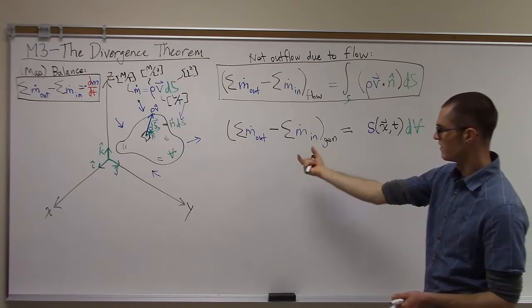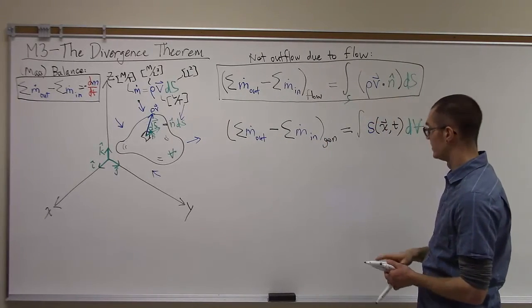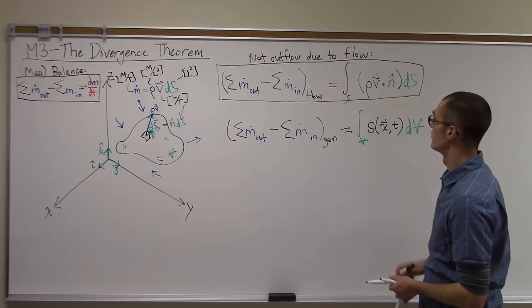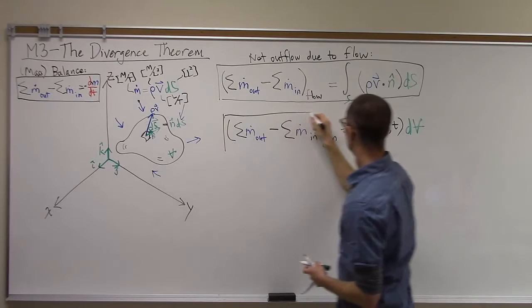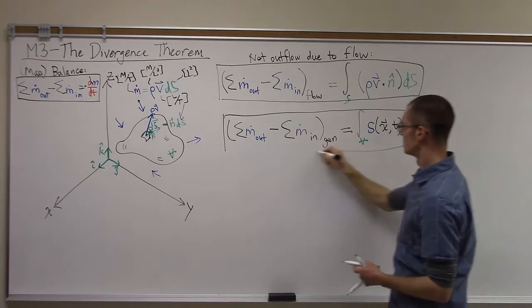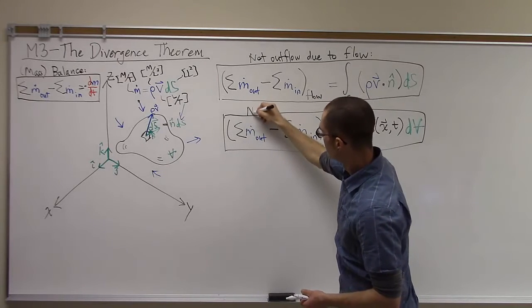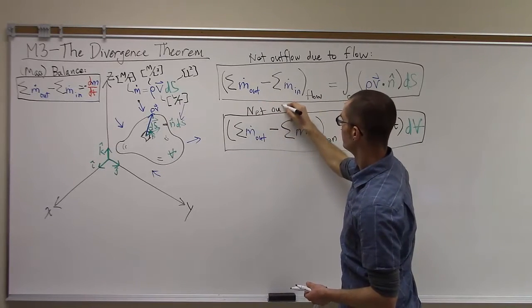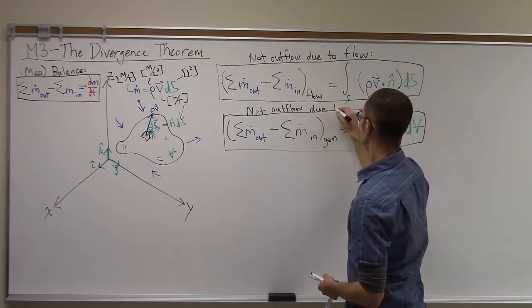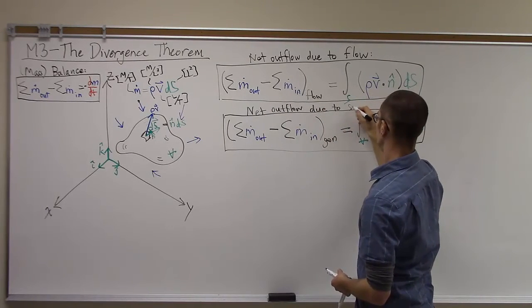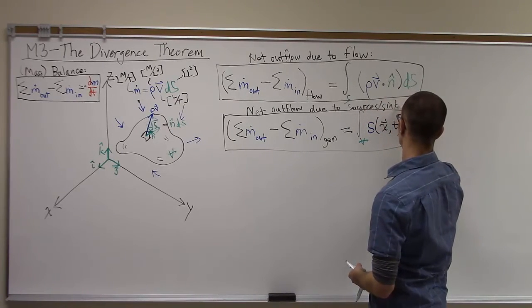And then to get the total sum over the whole volume of interest, I'll integrate that source over the whole volume. So this is the net outflow due to sources or sinks.